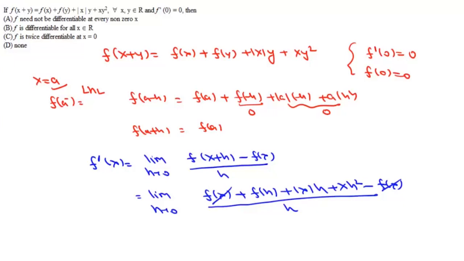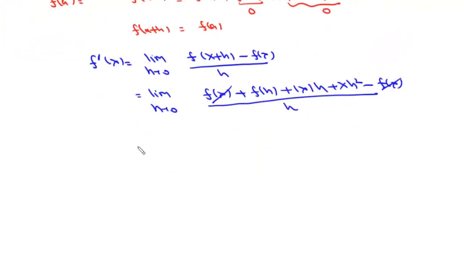So we'll rearrange this as the limit h tends to 0 of [f(h) - f(0)] / h plus, now here h and h will cancel and here it is xh. Now this is nothing but f'(0).